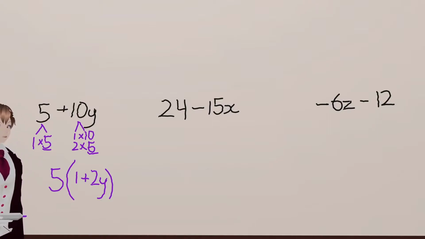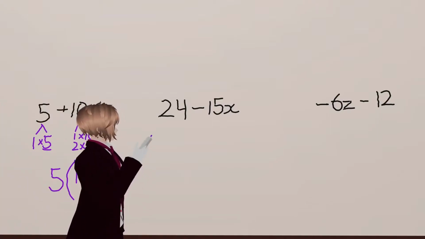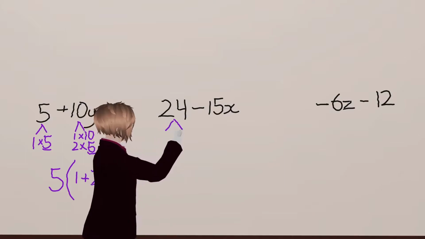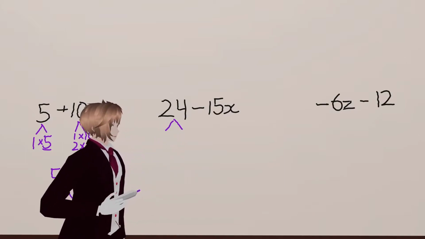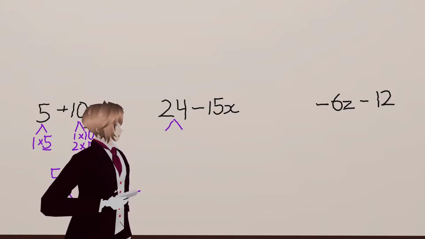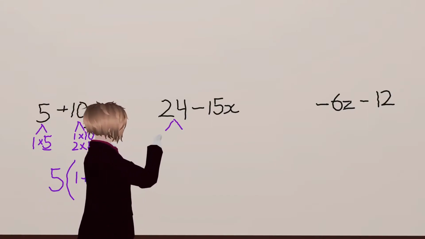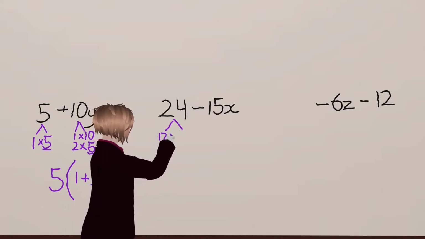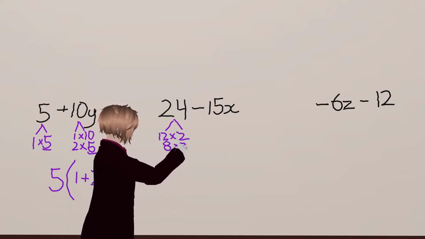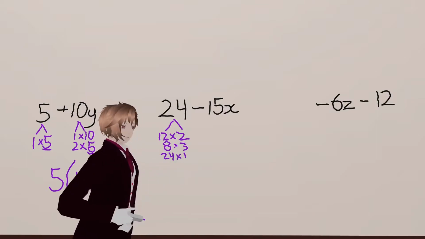Let's have a look at the next one. So 24, let's give it legs. So what numbers were factors of 24? Well, we did that on the previous board. So we had 12 times 2, we had 8 times 3, 24 times 1.